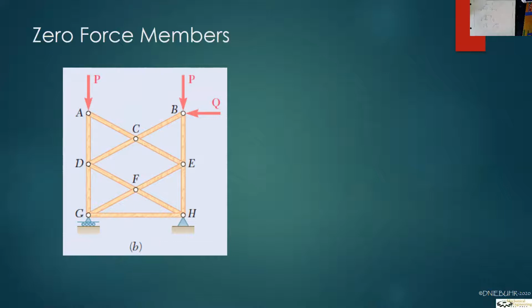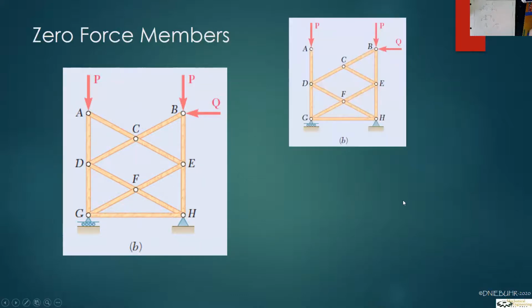Now this one starts up in the corner at A. Notice how P is coming straight down at A. So that means there's no lateral force again on this truss. So AC is effectively not needed. And then if we keep going, we notice that now CE has become an odd one out.